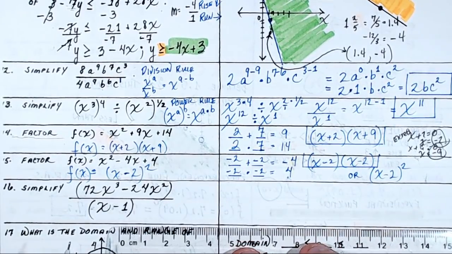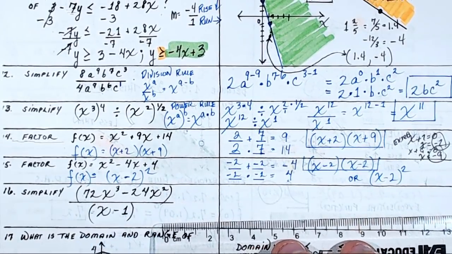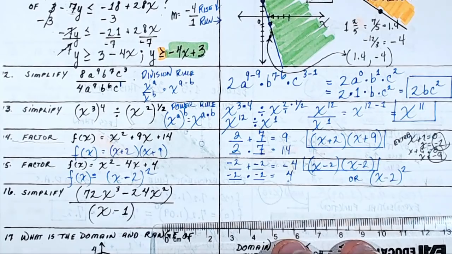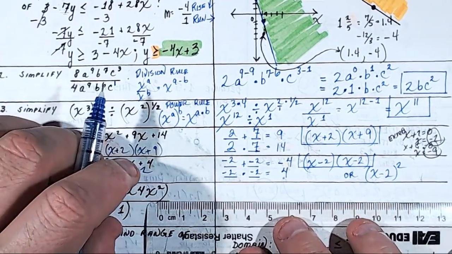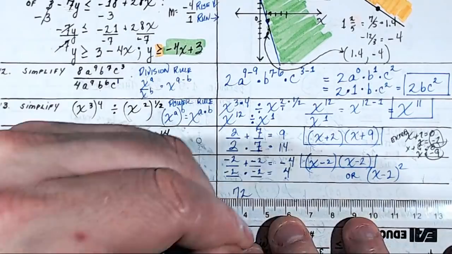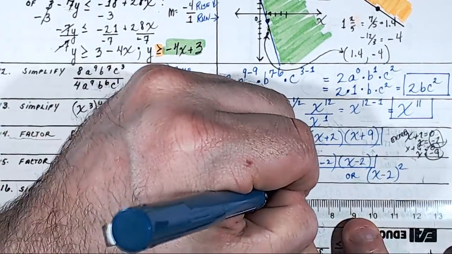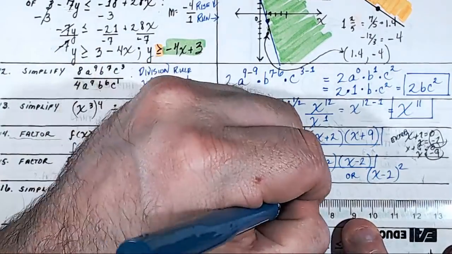We have to deal with this in pieces. So the first piece we're going to deal with is the numerator. Let me write that out. 72 x cubed minus 24 x squared.